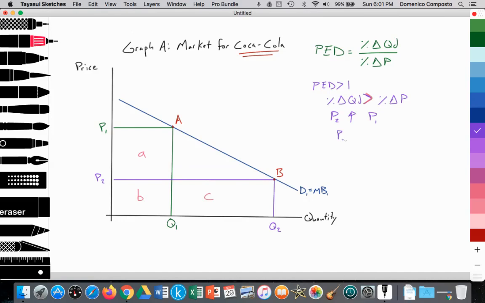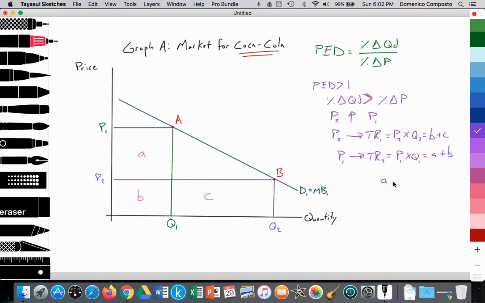At a price of P2, total revenue, we'll call it total revenue 1, is equal to P2 times Q2, which is equal to areas B plus C. Okay? And then they raise price to P1, and then here total revenue 2 would be equal to P1 times Q1, which is equal to areas A plus B.